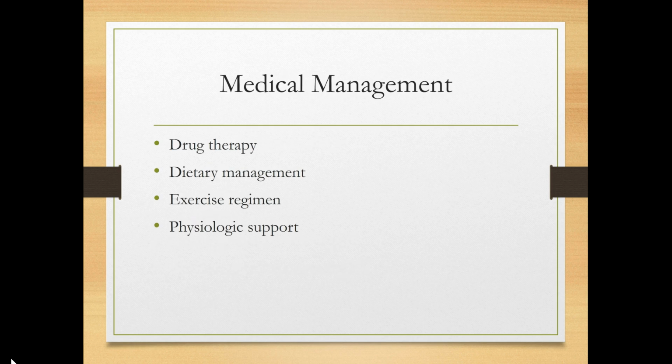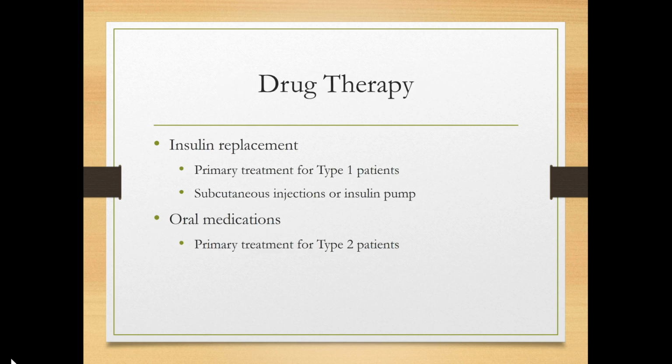Medical management: your number one is going to be giving insulin because they aren't getting enough insulin. Dietary management is also important in type 1, not just type 2. You're going to want to make sure that they're exercising, and provide psychosocial support. Insulin replacement is the primary treatment. You're either going to do sub-Q or they're going to have an insulin pump.